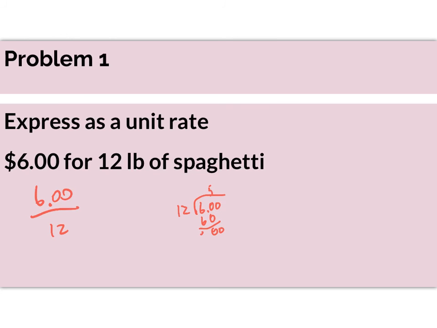Subtract, 0, 0, 0. So your price per unit pound is 50 cents per 1 pound. When dealing with unit rates, the bottom must be 1.